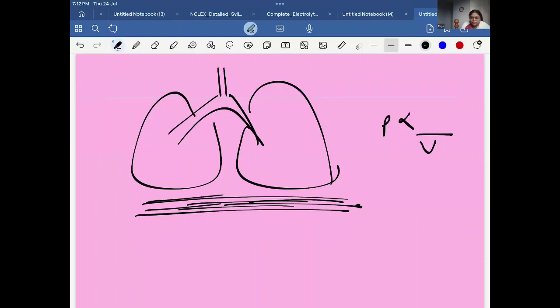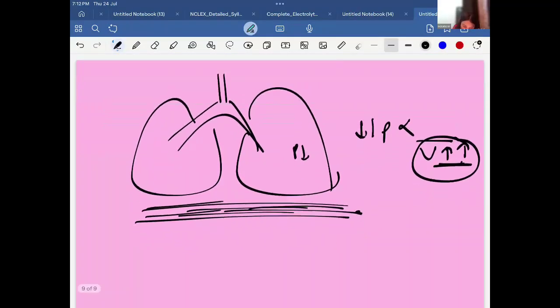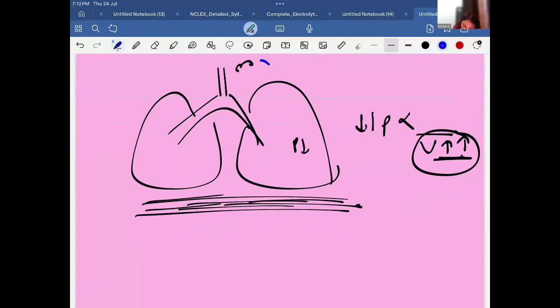Increase in volume. Yes. Now there will be an increase in volume. Your lungs will expand, so there will be a decrease in the pressure. So there is low pressure, and air will move into your lungs. Understood? Yes, ma'am.